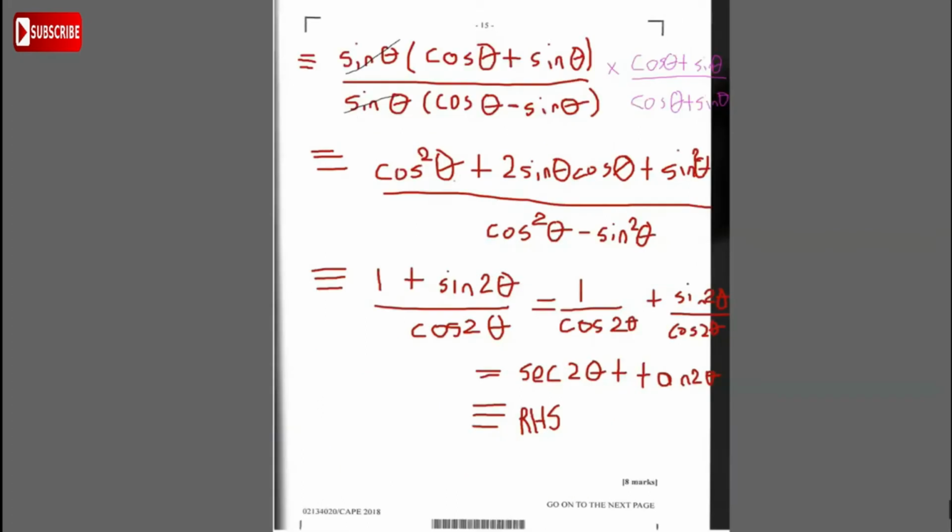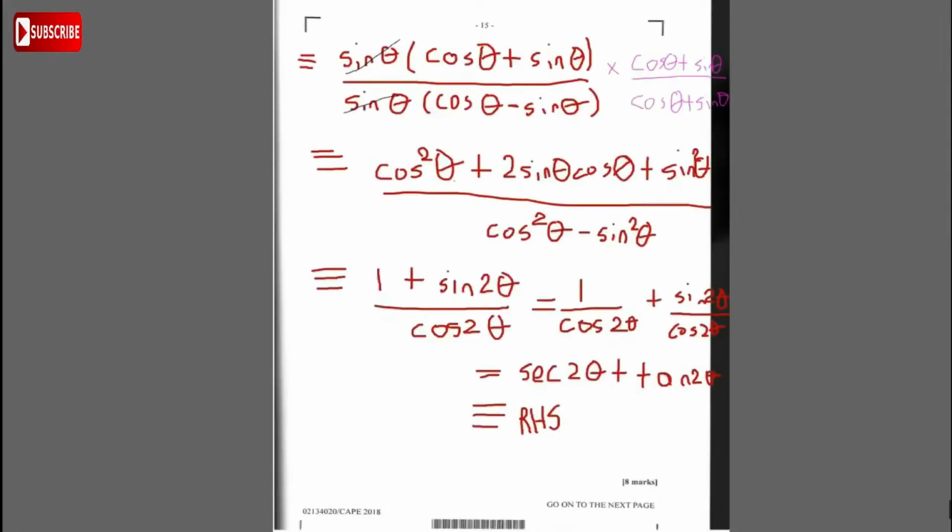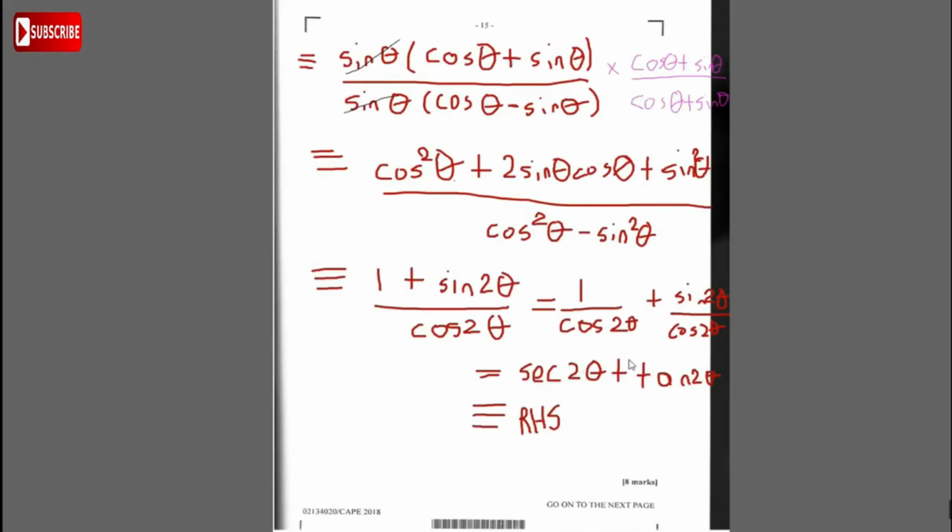We may continue. It says hence, meaning using this result right here, we can solve that result equal to 0. So I'm going to go with hence. Going with hence, I'm going to be using this result that I got, sec 2 theta plus tan 2 theta equals 0.